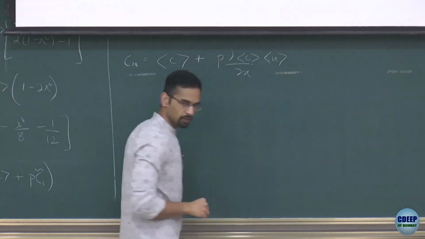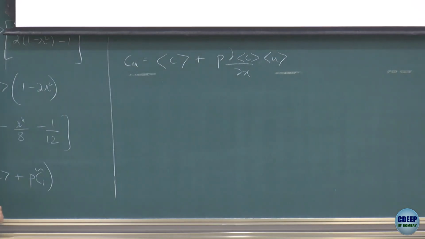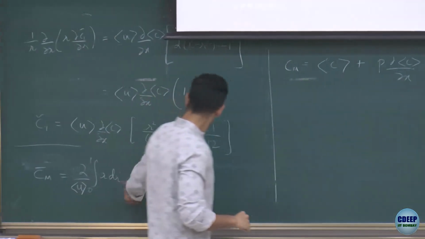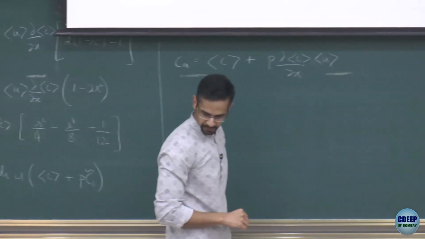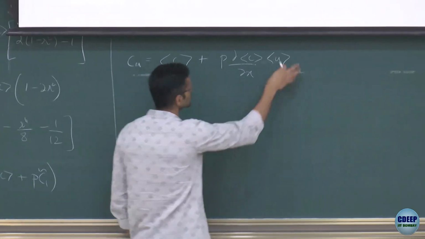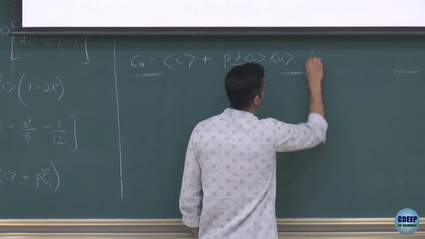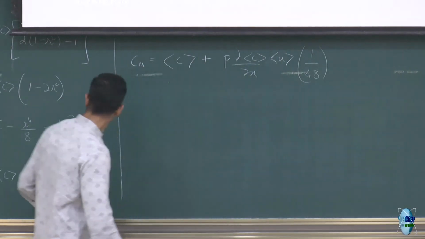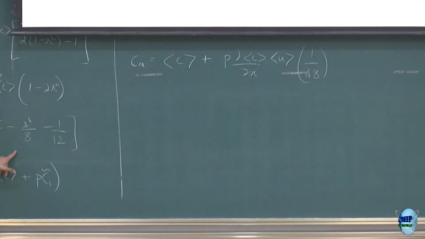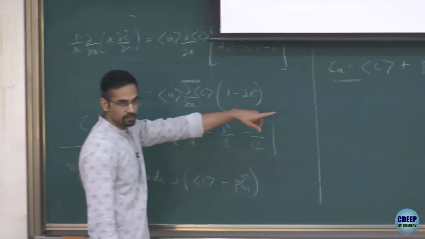There will be a u also sitting there from here. Okay, the u average from here will get knocked off by that, and so this is all constant, and there's a 1 by 48. Okay. So this variation gives you a 1 by 48.